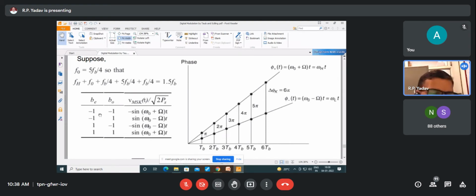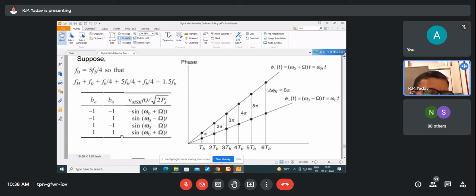That's what I was trying to explain to you: for -1, I will be transmitting minus sin(ω0 plus σ)t. Let us say there are 4 symbols. For B1 -1 and B odd 1, I will be transmitting sin(ω0 minus σ)t. For 1 -1, minus sin(ω0 minus σ)t.